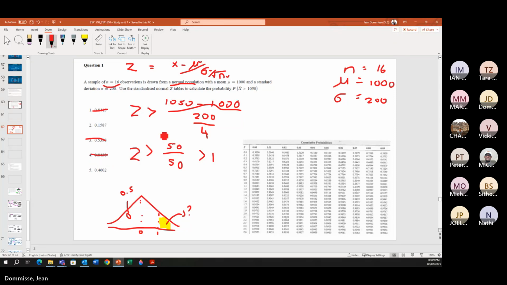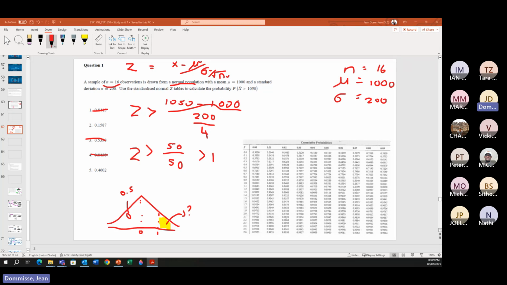Okay. So let's look at the Z table. Just want to bring the one out of the study guide into play. The Z table now, unfortunately, again, it is part of chapter 6.